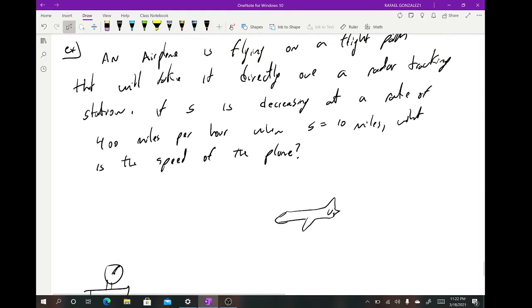There's a piece of information that I neglected to write. The plane is flying at an altitude of 6 miles from the station. It's flying at an altitude of 6 miles and S miles from the station. So here S is the miles.